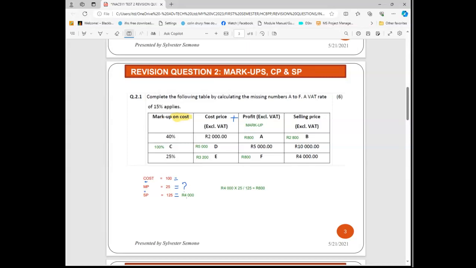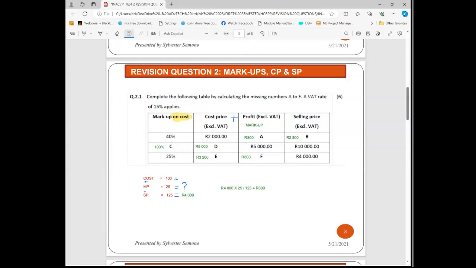Okay. That's not too hard. Yeah, it's not too hard. What you need to remember is that if they give you amounts including VAT, first find the amount excluding VAT before you can do your calculation.